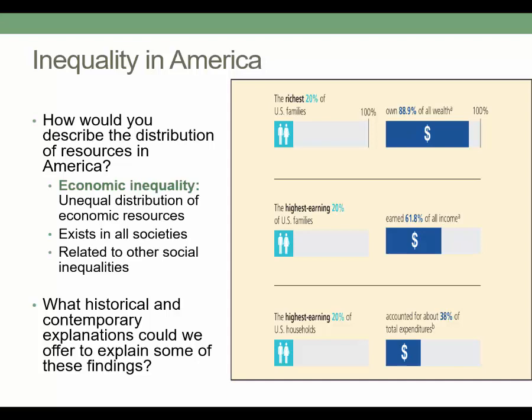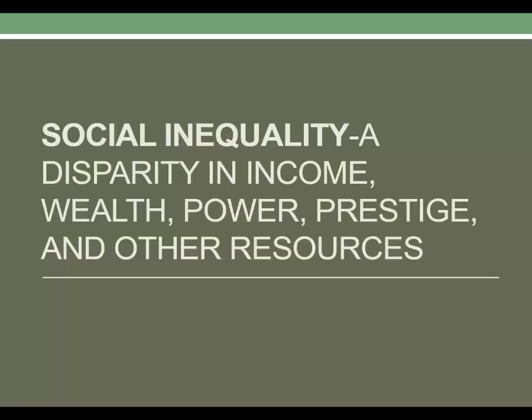And that is why social inequality, right, a disparity in income, wealth, power, prestige, and other resources, is what we're going to be talking about in this chapter. It goes beyond just economic inequality.